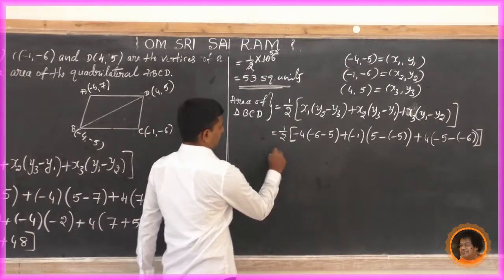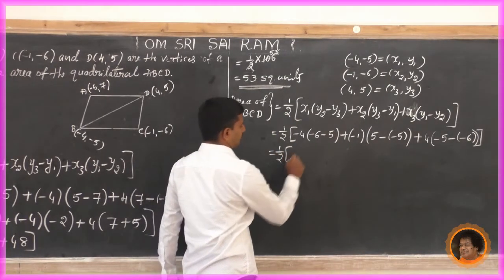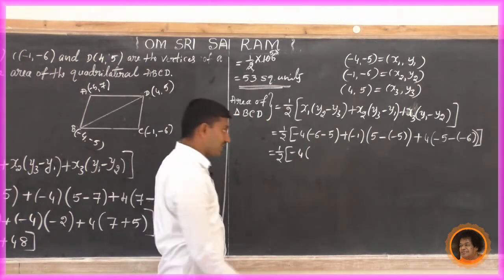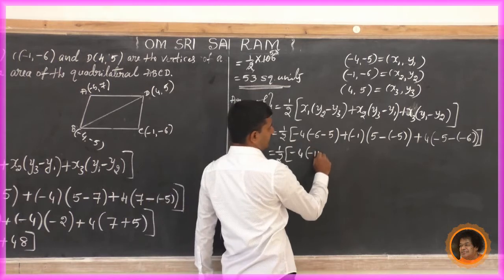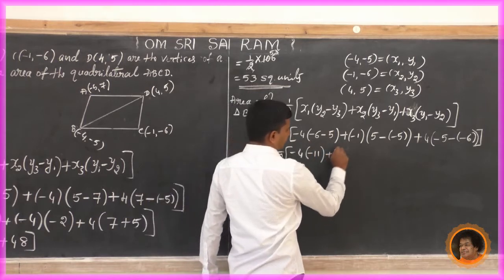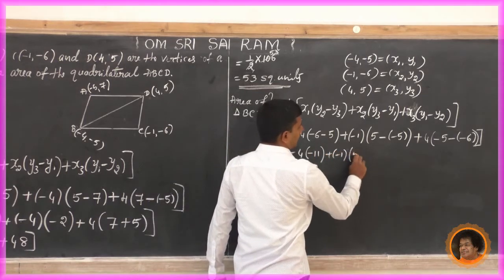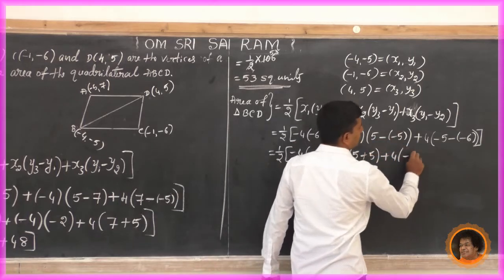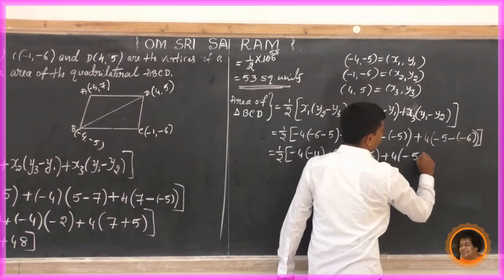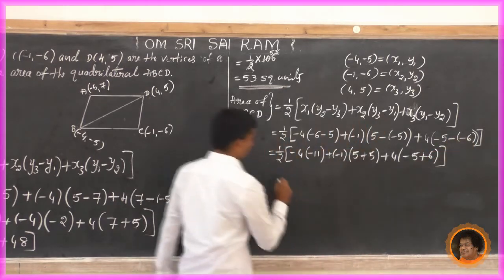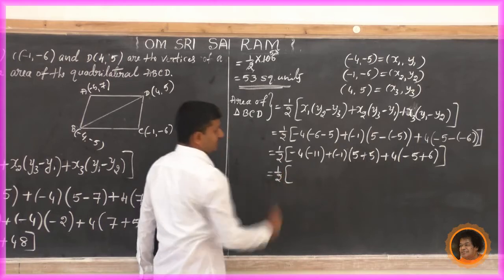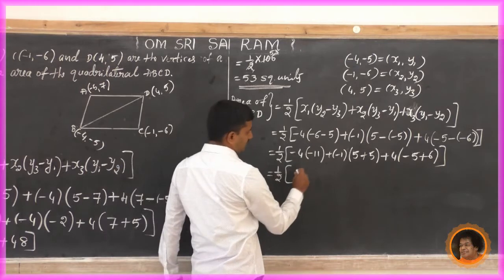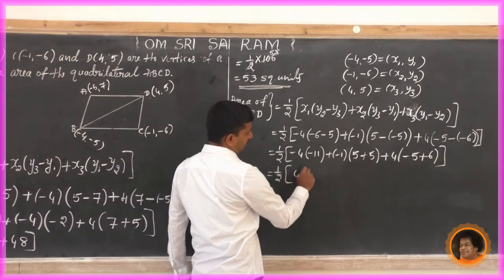Now simplify. Equal to half into minus 4 into minus 6 minus 5, that is minus 11, plus minus 1 into 5 minus into minus, plus 5, plus 4 into minus 5 minus into minus, plus 6. So which is equal to half into minus into minus, plus 4 into 11, 44.